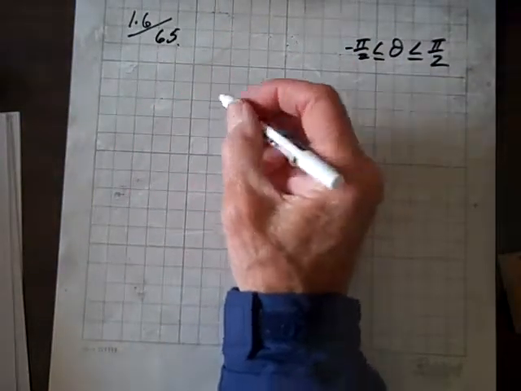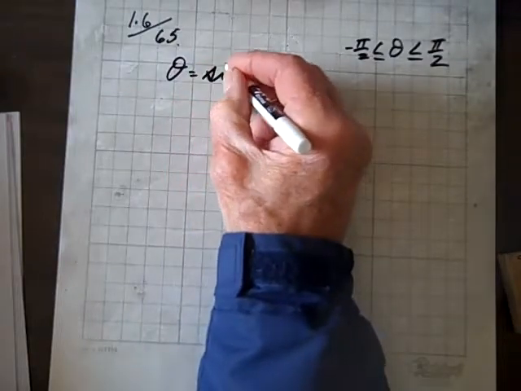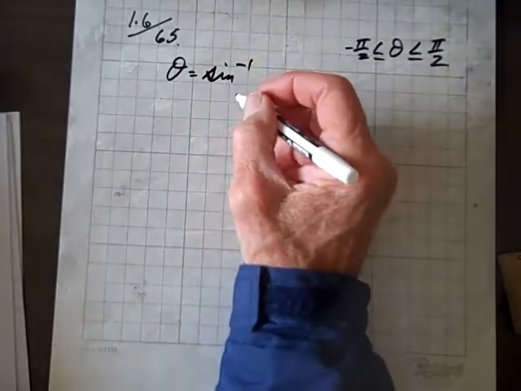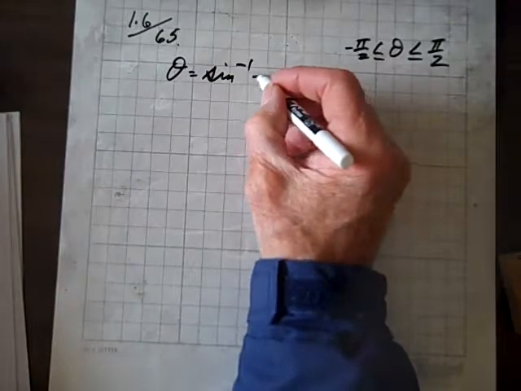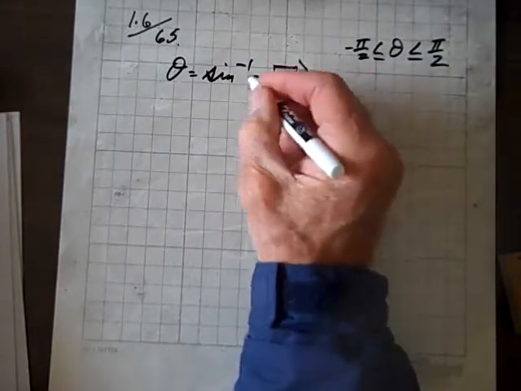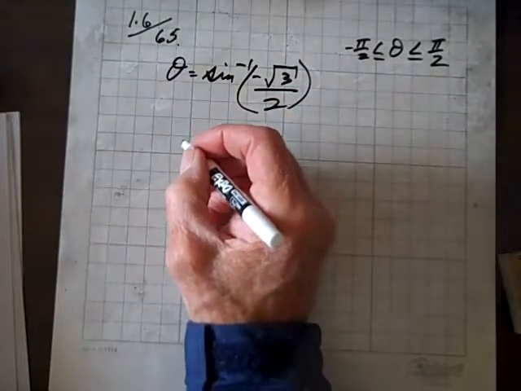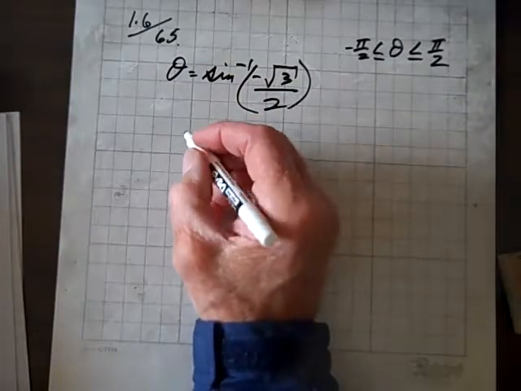We've got theta equals the inverse sine of negative root 3 over 2. It's going to be in the fourth quadrant because it's negative.